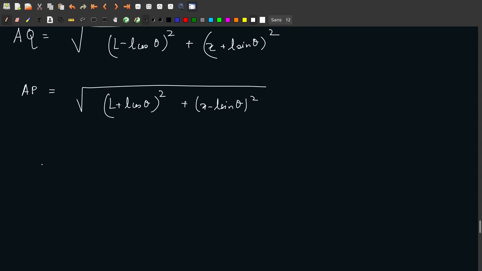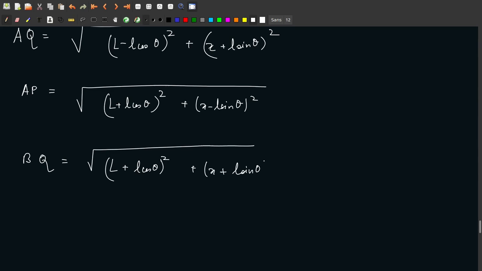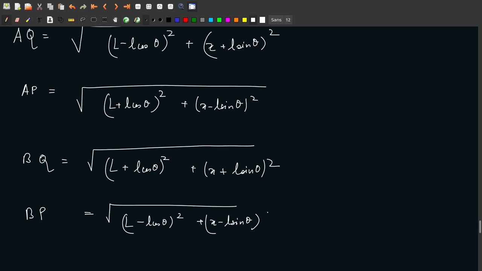Similarly, you can verify that the distance BQ is given by root over of (capital L plus l cos theta) whole square plus (x plus l sin theta) whole square. And similarly, the distance BP is given by root over of (L minus l cos theta) whole square plus (x minus l sin theta) whole square.